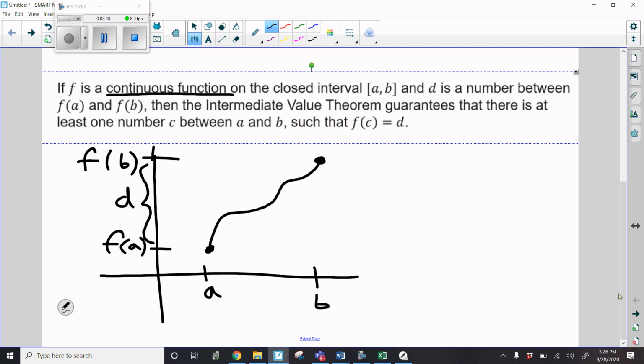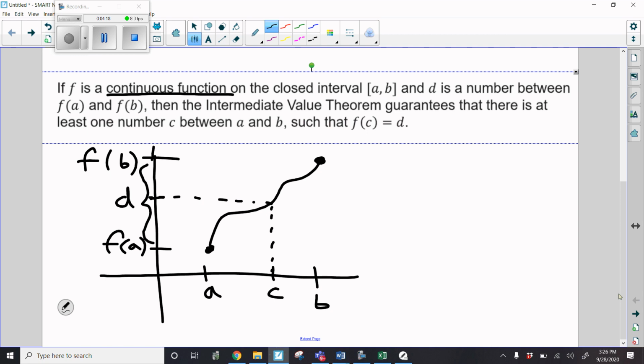Okay? What the intermediate value theorem guarantees is that there is at least one number c between a and b. So somewhere in here, between a and b is c, such that f of c equals d. So again, maybe this was d, and here's this point where we hit that.